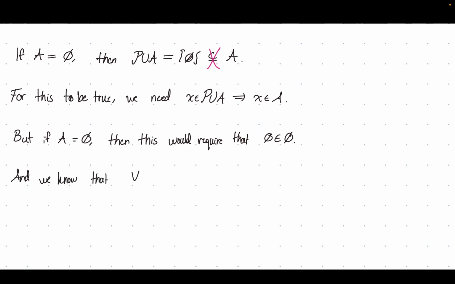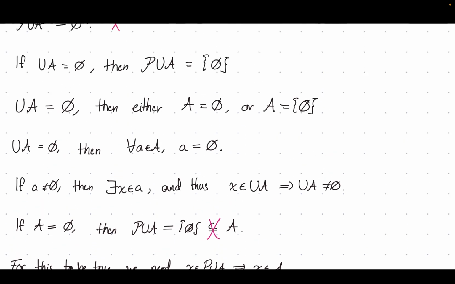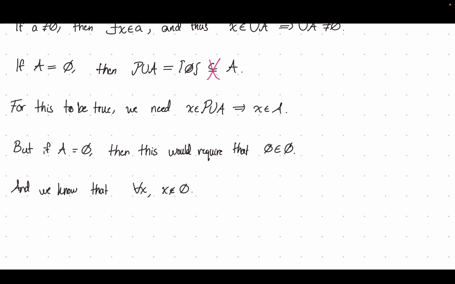And we know that for all x, whatever you can think of, x is not in the empty set by definition of what the empty set is. So this crosses out this possibility. So now we can consider what happens when A is the set containing the empty set.